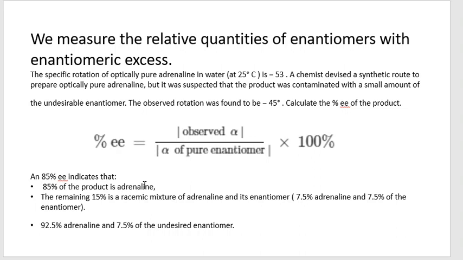You divide that 15% by 2, and you get 7.5% of each enantiomer. So if you add the 85%, which we know is the adrenaline, and 7.5%, which is half of that racemic mixture, you wind up with 92.5% of the adrenaline, and 7.5% of the other enantiomer.